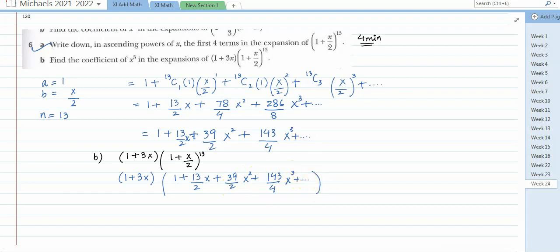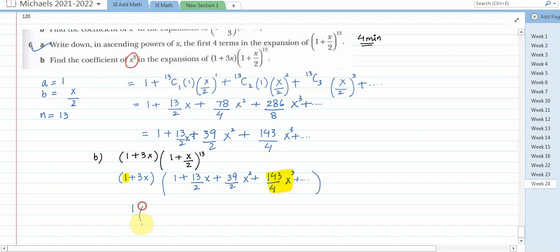Now we need to focus on those terms which give us the coefficient of x cube. And how is it possible? Now look closely. When you multiply 1 with 143 x cube divided by 4, you will get x cube. So the first term is 1 times 143/4 x cube.